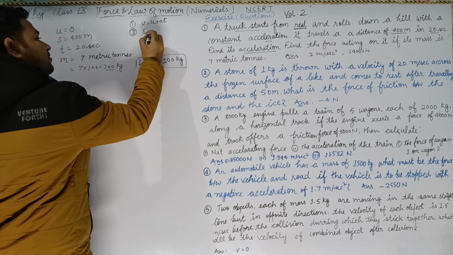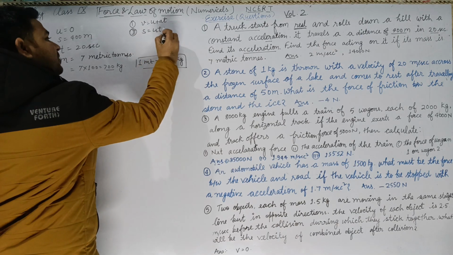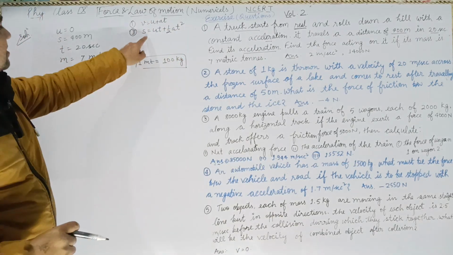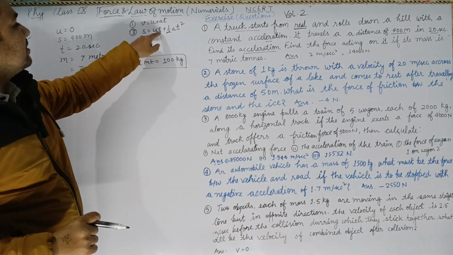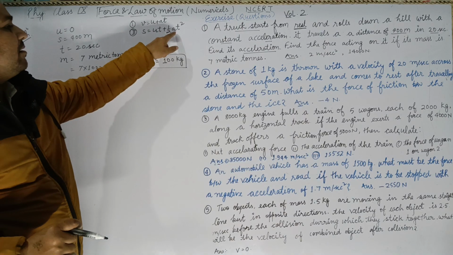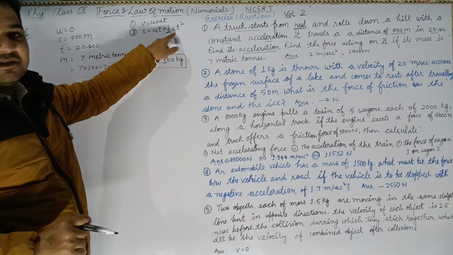Second, s equal to ut plus half at square. s is given, u is also given, t is given, so we can find acceleration.